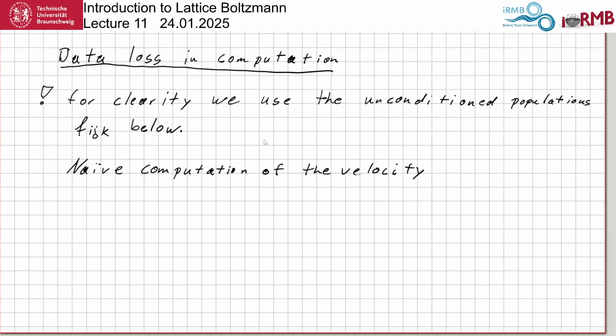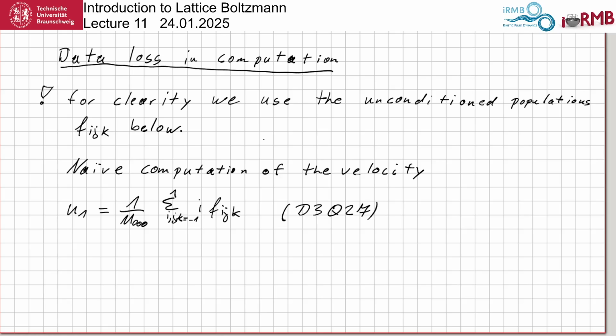If you go by the book, this is our velocity u1 or ux, however we call it, is 1 over m000, and then we do the sum over i, j, k, starting from -1 to 1, of i f_ijk, and this is of course for the D3Q27 lattice.